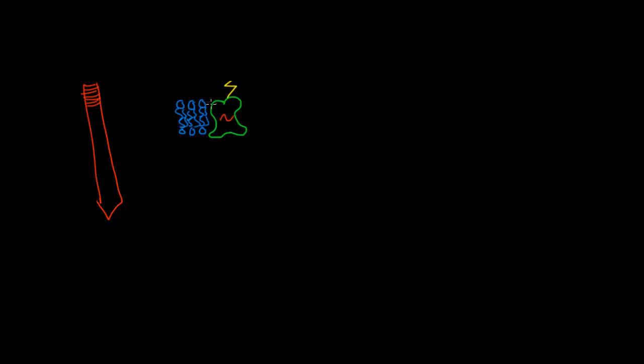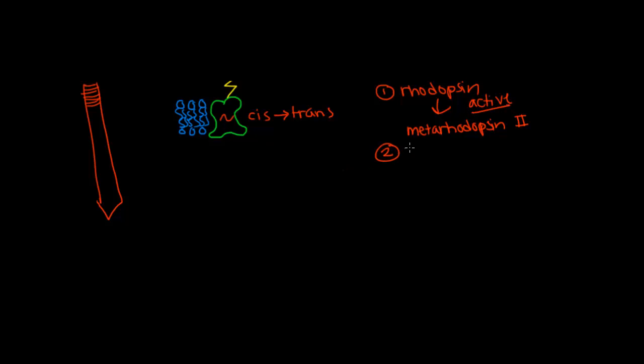When the rhodopsin is struck, this retinol isomerizes from the cis form to trans. This is our first step, in which rhodopsin enters its active form and becomes known as meta-rhodopsin 2. Once it's in its active form, a chain of events occurs.